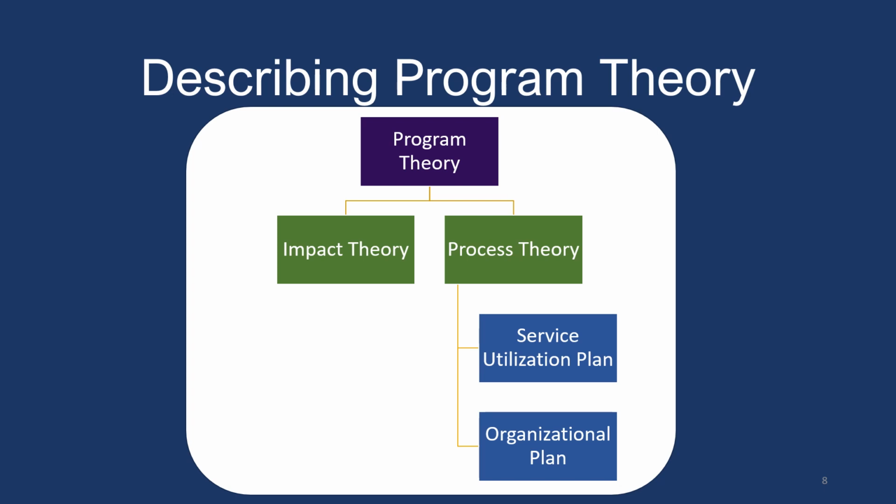You can look at program theory as having two primary branches. The first being the impact theory, which is our theory about how our interventions will bring about change. And then secondly, the process theory, which describes those nuts and bolts pieces, the resources needed, the dosage if applicable, the method of intervention, the position of the program in the organization, the education and training of the program facilitators or the staff members that are supporting the program.